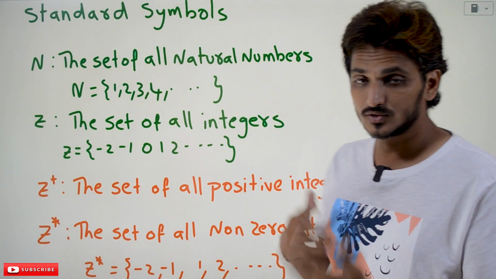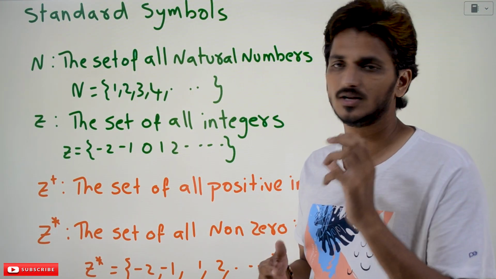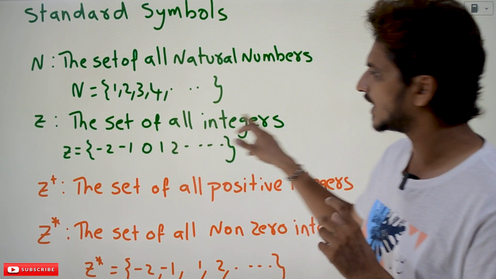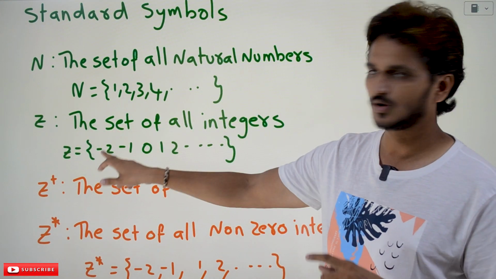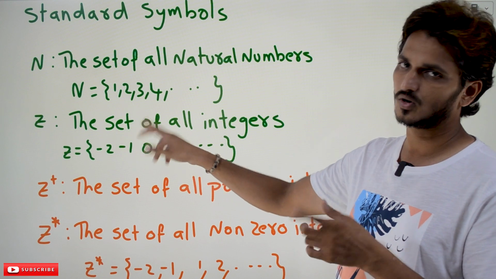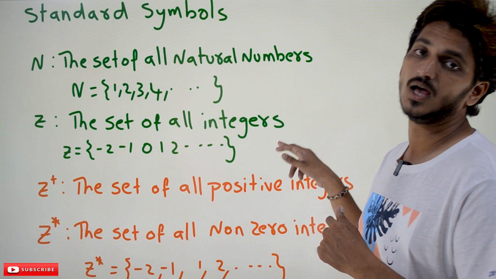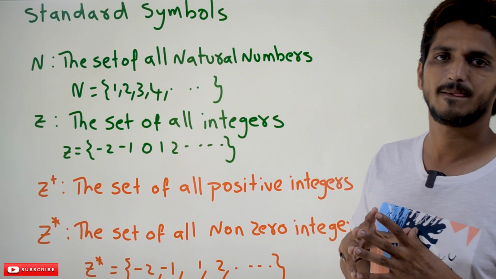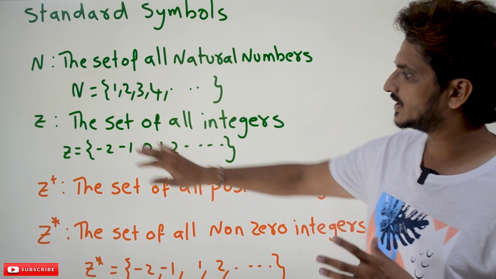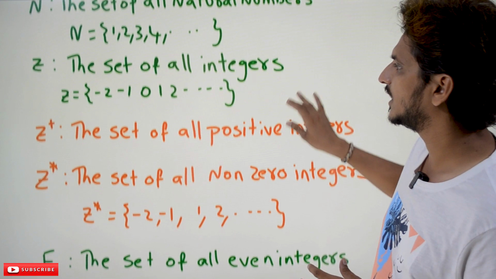So wherever you see N, it means the set of natural numbers. Z means the set of all integers. So Z is equal to minus infinity, so on up to minus 2, minus 1, 0, 1, 2, so on up to infinity. This is what we call Z. Z means the set of integers.